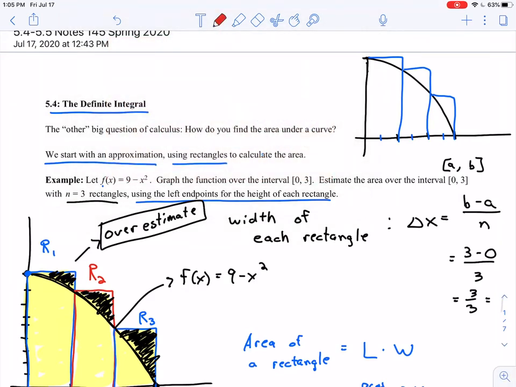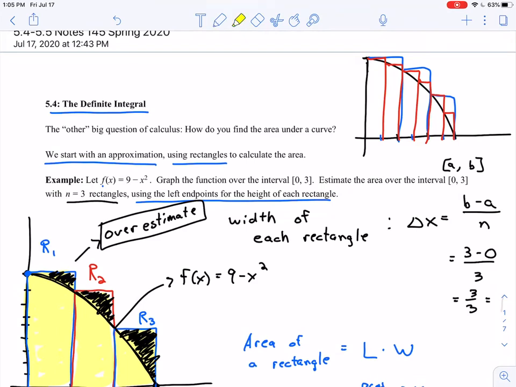So if I were to draw new rectangles in red, it would look something like this. I'm covering the same interval, 0 to 3. I'm just cutting it up into smaller pieces. And what I end up with this time is when I look at the red rectangles, it might be a little bit hard to see. There's kind of a lot going on here.